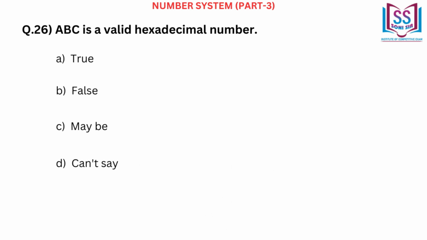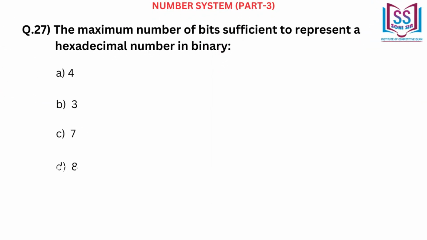A true, B false, C maybe, D can't say. Correct answer A true. The maximum number of bits sufficient to represent a hexadecimal number in binary. A 4, B 3, C 7, D 8. Correct answer A 4.